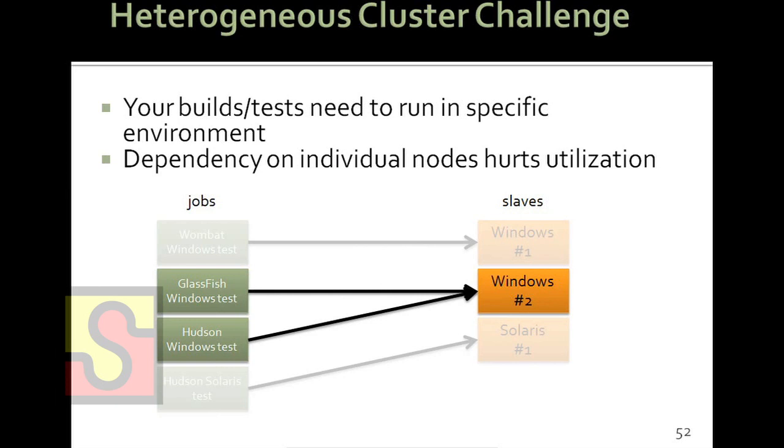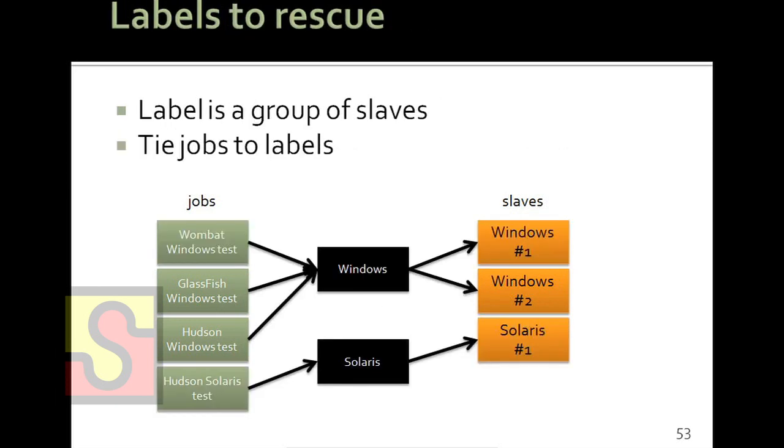So to fix this problem, Hudson had this notion of labels. A label is like a group of slaves. So in a cluster like this, you might have a Windows label, which has those two Windows slaves. You might have another label called Solaris that contains the Solaris nodes. And then the job, instead of specifying that this job needs to run on that slave, you would say this job needs to run on a Windows label.